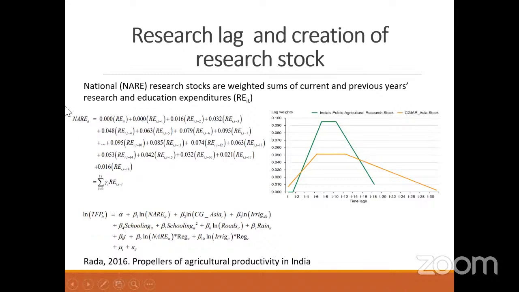Then these research stocks, which he has calculated based on research expenditure, he has used in his TFP equation, which is: TFP is a function of research stock, national research stock, CGIAR research stock, then irrigation, schooling, road, and rainfall.